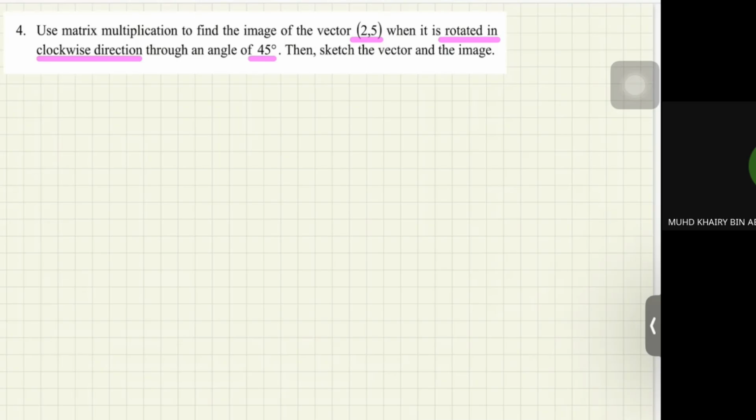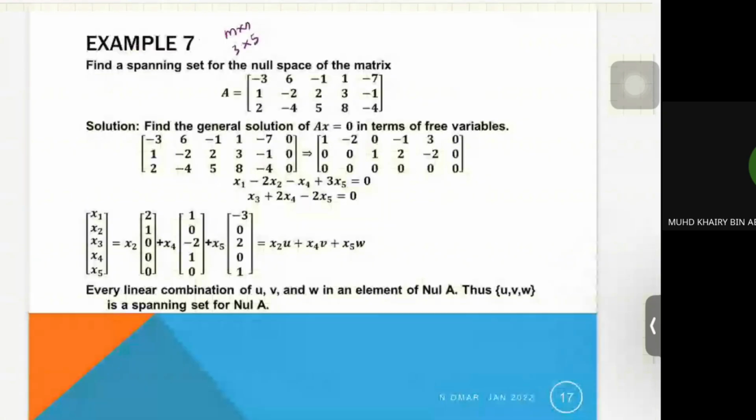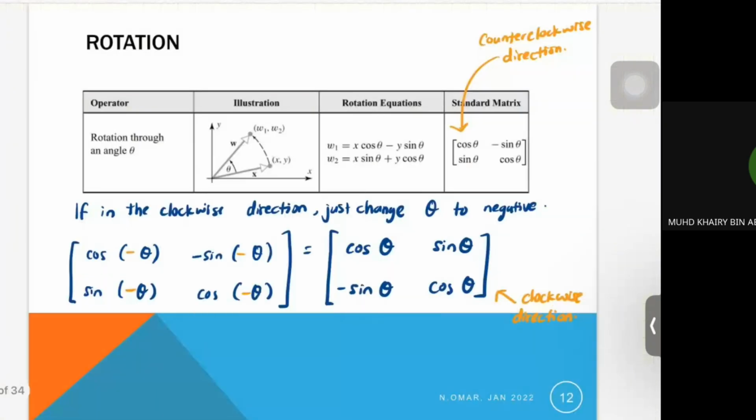Okay, so normally the standard matrix for the rotation will be given in your exam at the appendix at the back of your question paper. So if you still remember, the rotation given here is the counterclockwise direction.